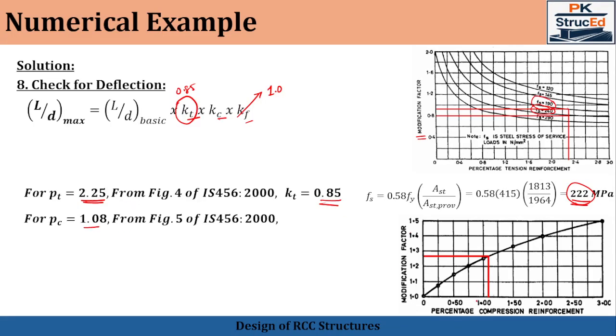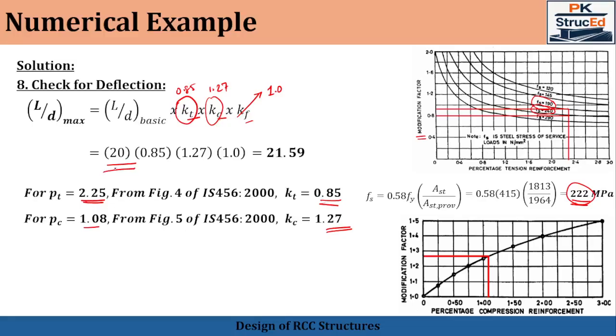Since Pc is 1.08, and we have only a single curve, not like the KT curve, project that with respect to the horizontal and we get the modification factor as 1.27. Now KC is also calculated, 1.27. Now substitute these values, and L/D basic for a simply supported beam, which is the case here, will be 20. Substituting all the values, we get the maximum L/D ratio of 21.59.